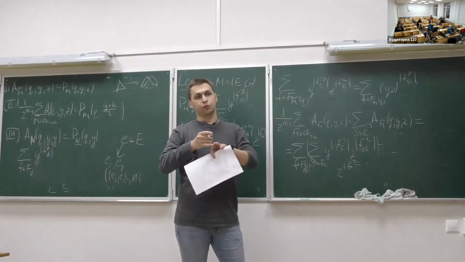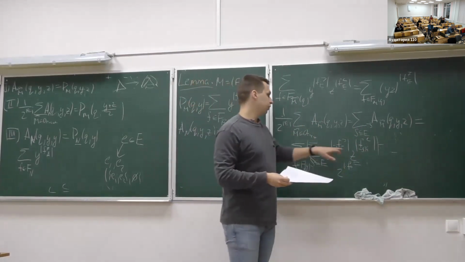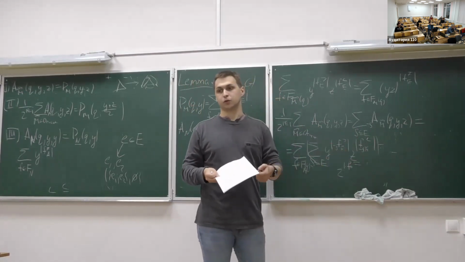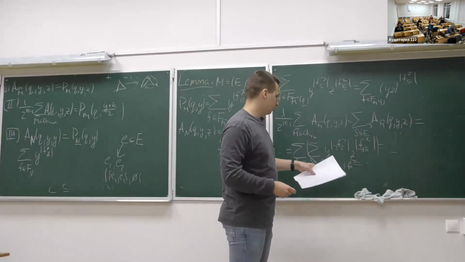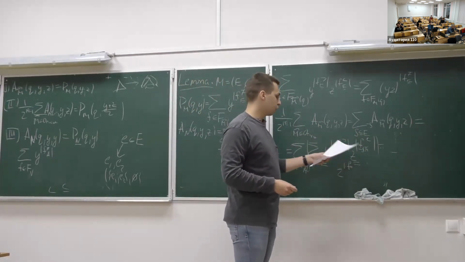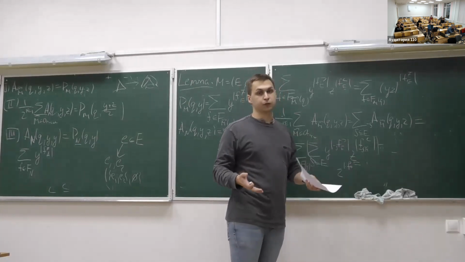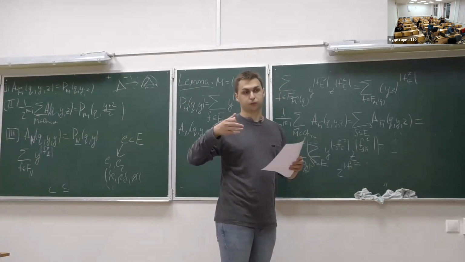If we open the brackets, you will just get the sum over orientations. So this product is 2 to the power of the number of zeros multiplied by (x plus y) to the power of the number of non-zeros.